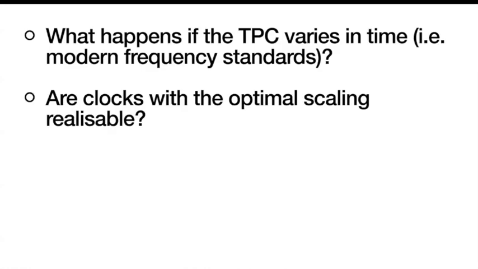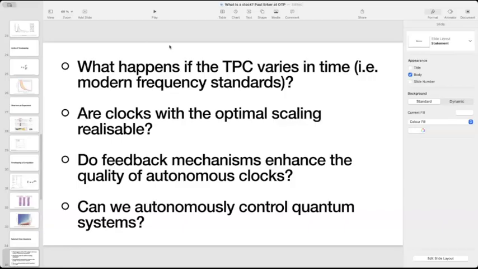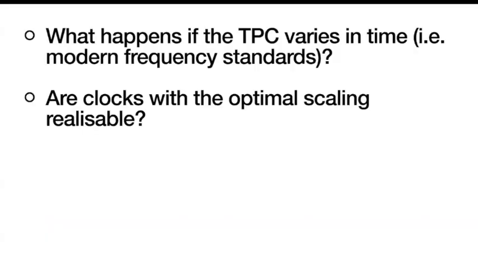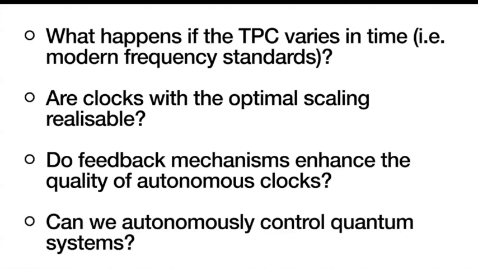Can we find an explicit description where we can use a clock to turn on and turn off an interaction, or a Hamiltonian of a system, in order to implement a quantum gate in a way that it's not externally controlled?